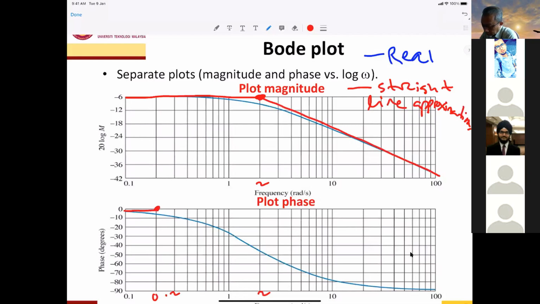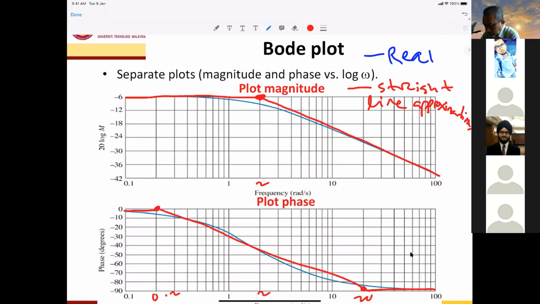And this one is here. It's 20. So we connect this line. So both are right. The blue one and the red one, both can be used.